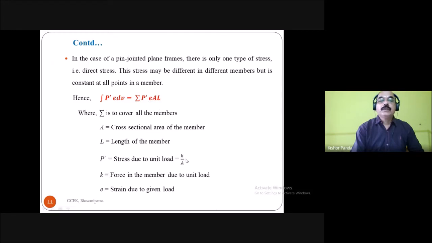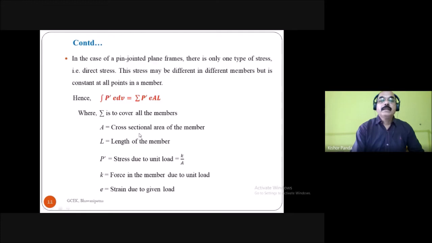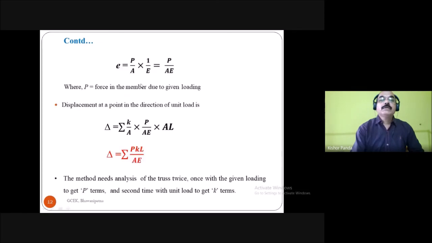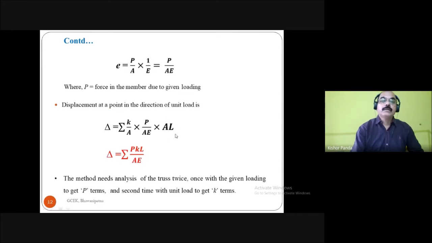P dash you got here, this is k by A. So here you put summation of k by A, and here E is the strain due to given loading, which is P by A. So here you put P by A into A into L. Then you can find out the deflection at a point of the truss in the direction of unit load.